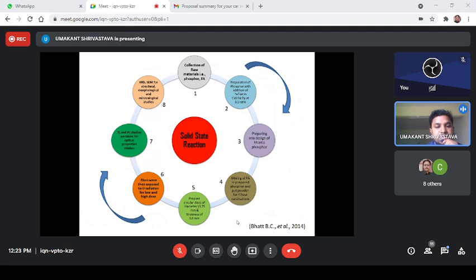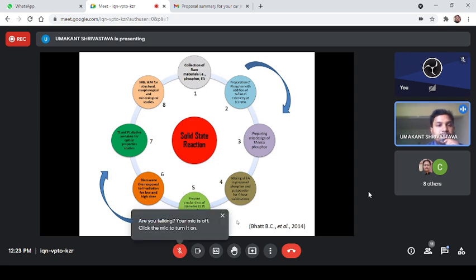Then we prepare discs of 13.75 millimeter thickness, and those discs were exposed to irradiation of low and high dose. Finally, after the preparation and exposure of discs, TL and PL studies are done for optical properties. And finally, XRD and SEM are done for structural, morphological, and mineralogical studies.